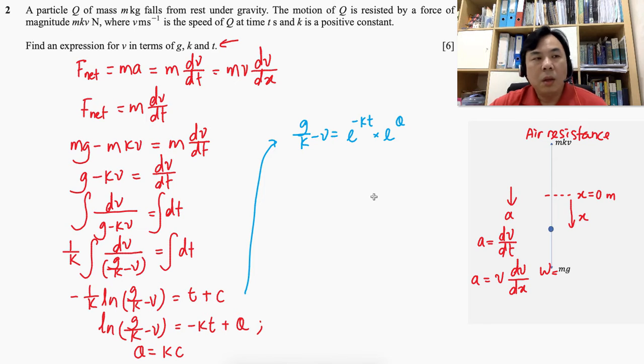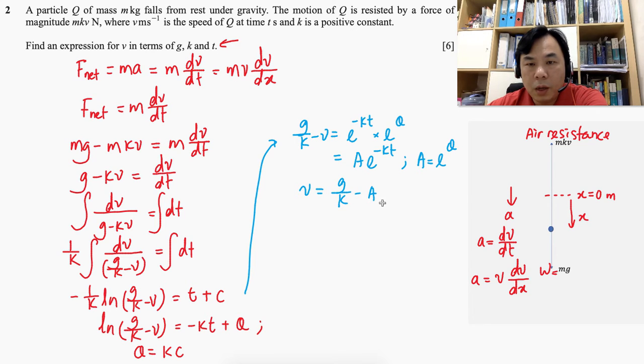You can keep on introducing all those constants, or you can actually write it as, in this case, a e negative kt, where the a actually represents e to the power q here. All right, so therefore from here, your v would be equal to g over k minus a exponential negative kt here.